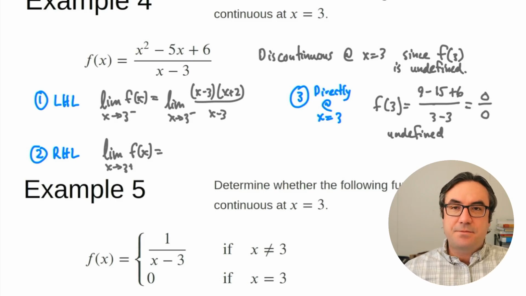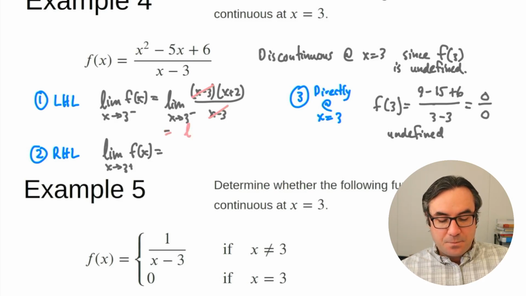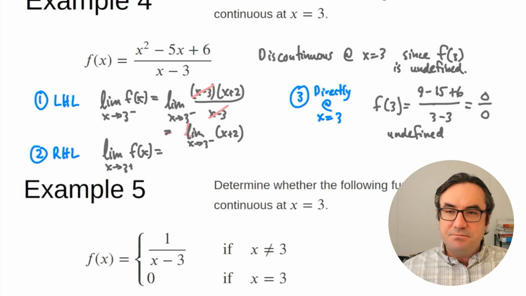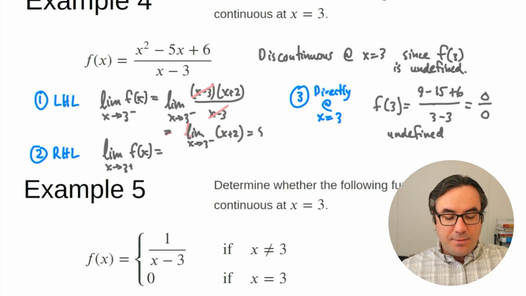We see those 2 copies of x minus 3 there, so we can cancel those out. And then this just becomes the limit as x approaches 3 from the left of x plus 2. And now we can do direct evaluation. As soon as we do that canceling, try plugging in again, and we end up with 5.